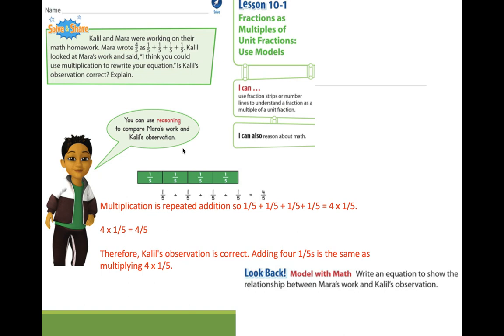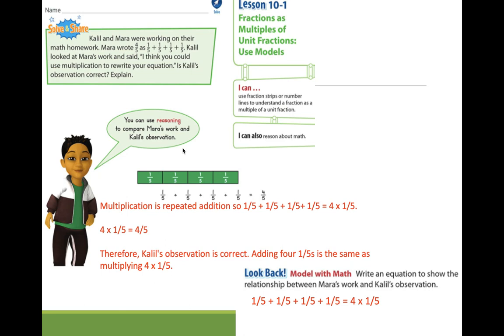Now knowing that, let's think of an equation to show the relationship between Mara's work and Khalil's observation. Mara's work of 1/5 plus 1/5 plus 1/5 plus 1/5, and Khalil says 4 times 1/5, they both equal 4/5. How are those two equations related?